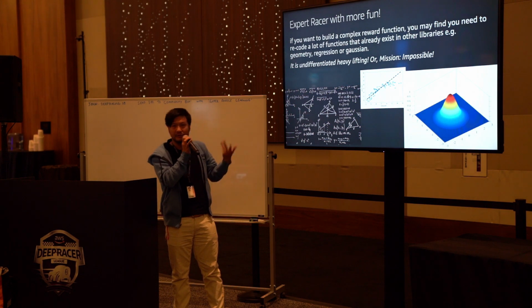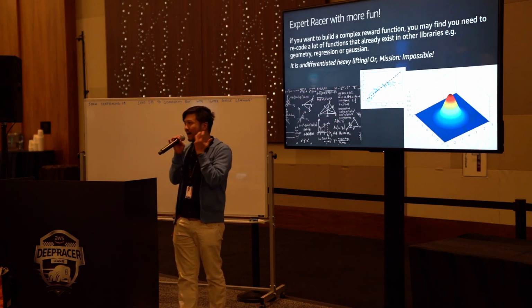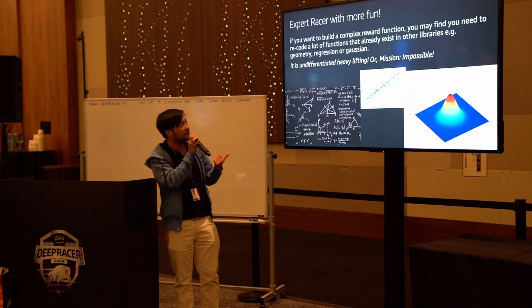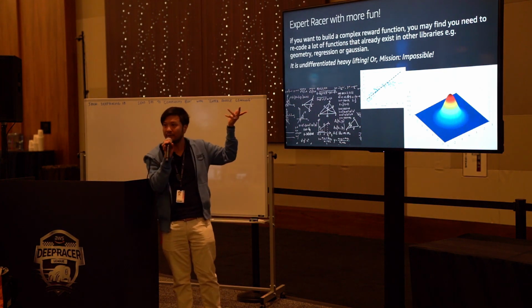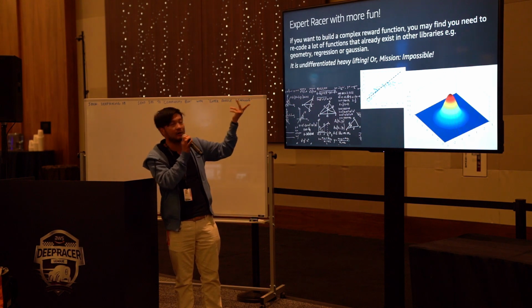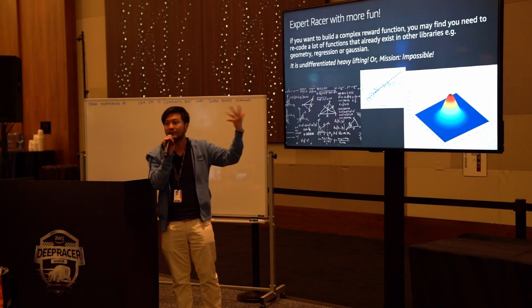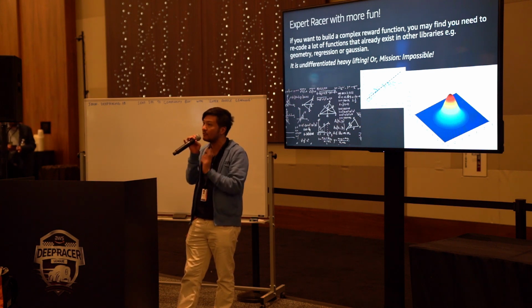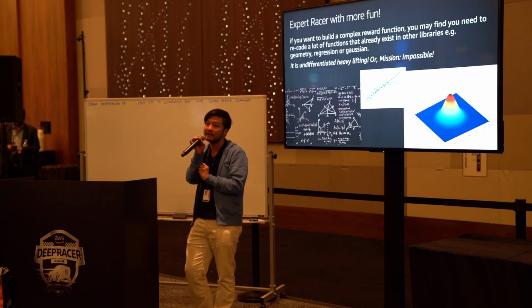But if you have an external library from Python, you can import the module and do anything very easily. For example, my students use a geometry library, regression, and Gaussian distribution. But if you don't import the library, you can't do anything.